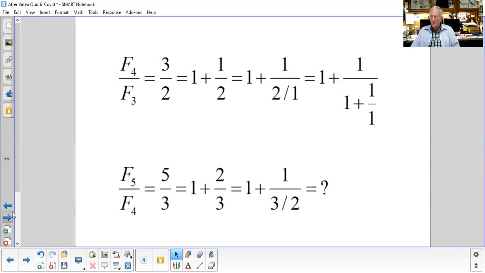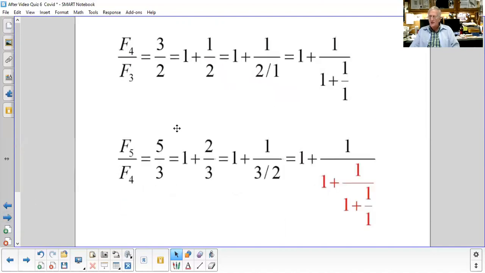f4 divided by f3 was this one, which we just saw. But notice that 2/3 right here is the same thing as 1 over 3 halves, because it's the reciprocal of that, right? So if we get the reciprocal of this, you will get 3 halves, 1 plus 1 over 1 plus 1 over 1.